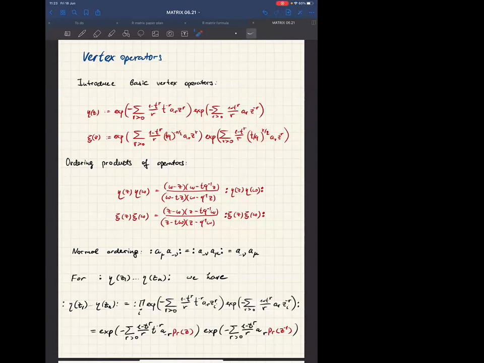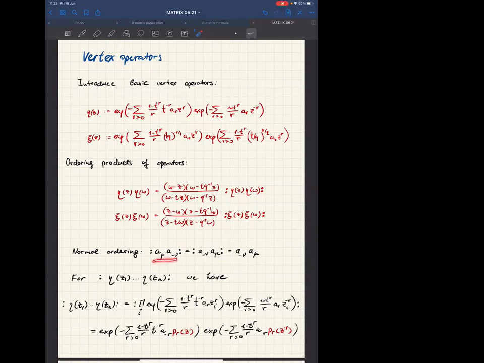This choice is made in such a way that the commutators of two such operators satisfy special relations, and the same for these ones. In particular, we can calculate the normal ordering of these operators. So what does it mean? Normal ordering, denoted by these dots, means that we want expressions in which annihilation operators are put on the right side and creation operators are put on the left side.